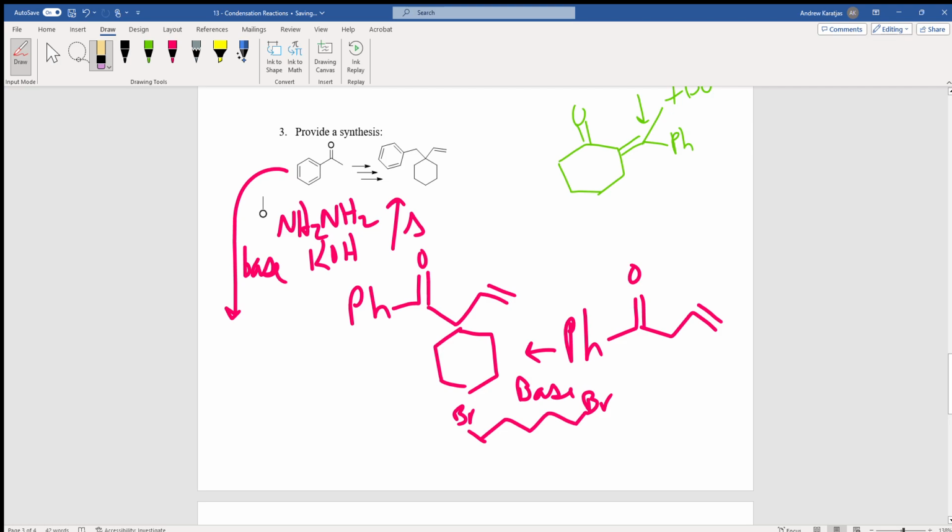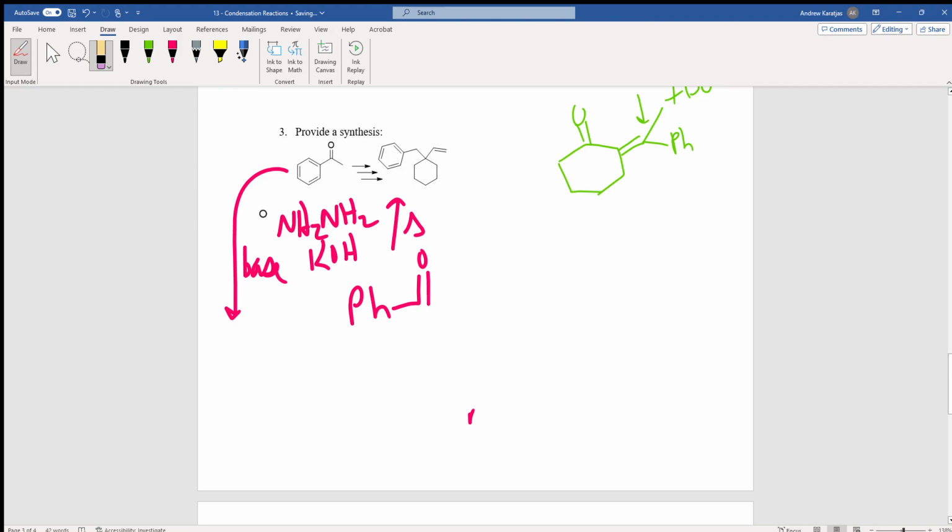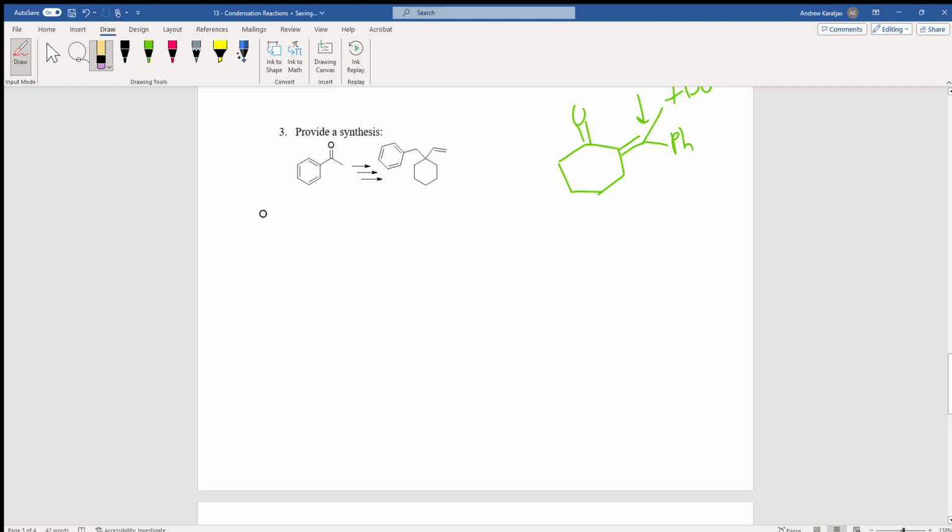So what if instead I'm going to use all of these steps that I have, but I'm going to change the order. So what we tried originally didn't work.